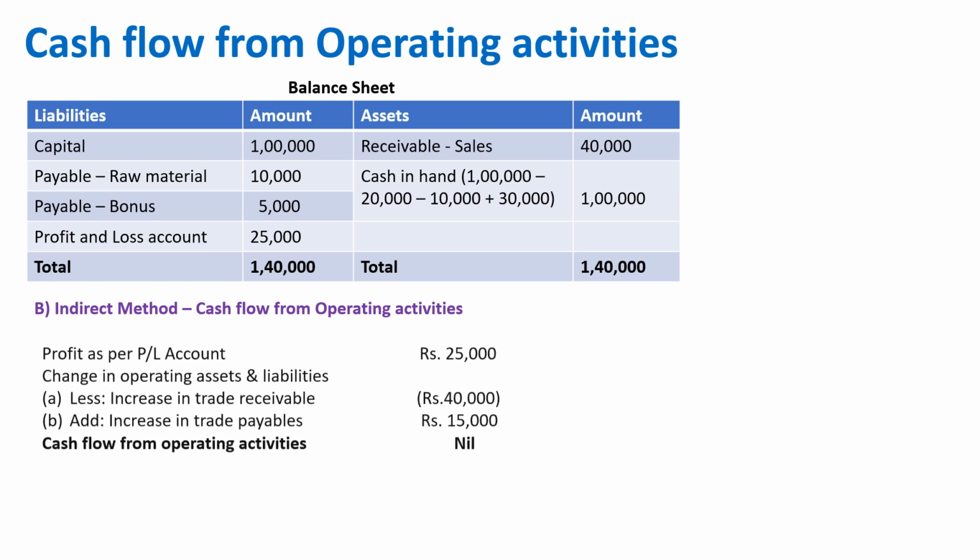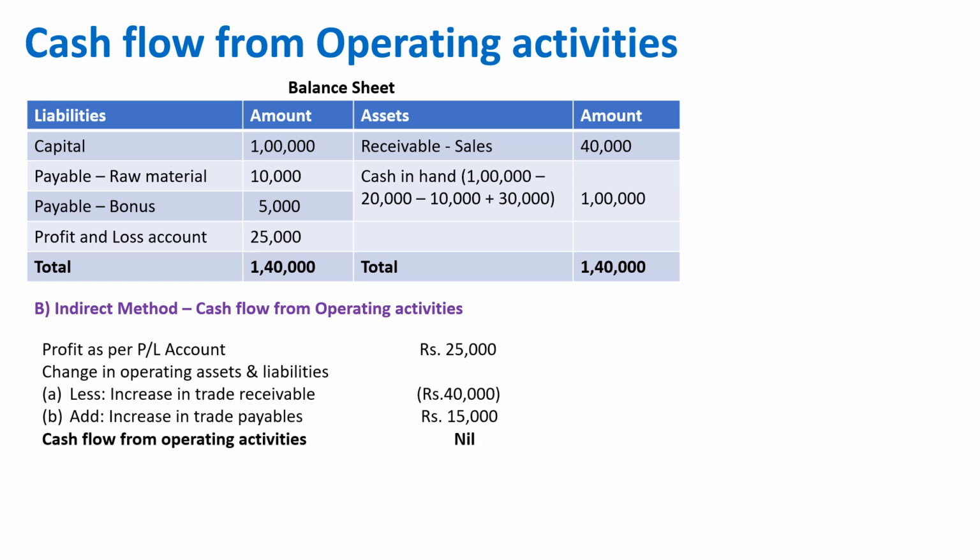Profit here is 25,000 rupees. Then the change in operating assets and liabilities. An increase in assets will always be deducted because with an increase in assets, you don't get the money inflow. Hence, it is shown as negative. Similarly, an increase in trade payables will be shown as a positive inflow because you're not paying, correct? Indirectly, it is a cash inflow for you.